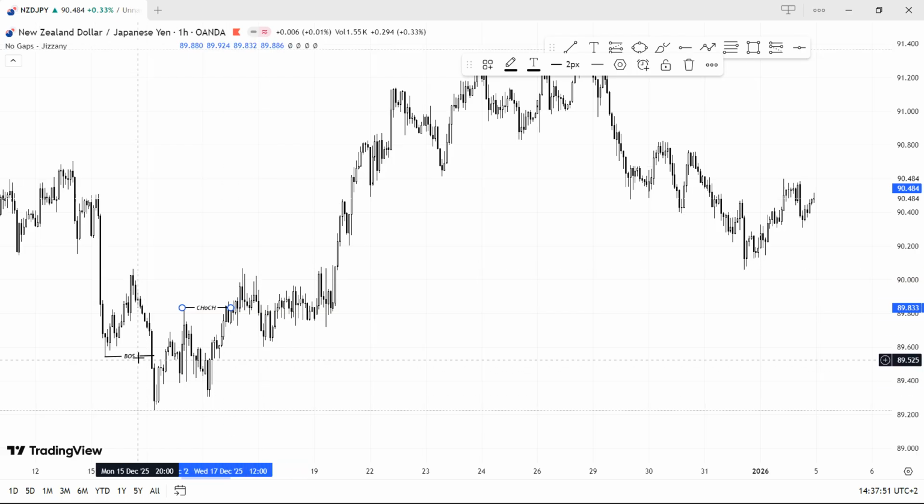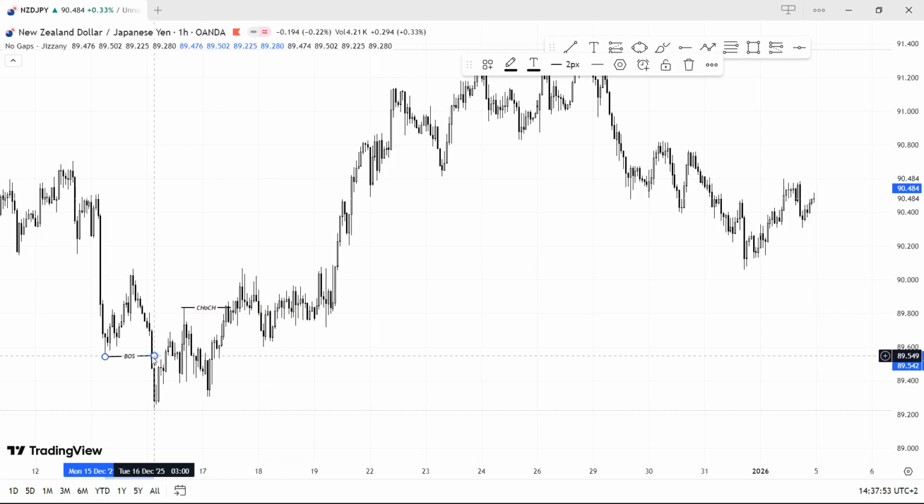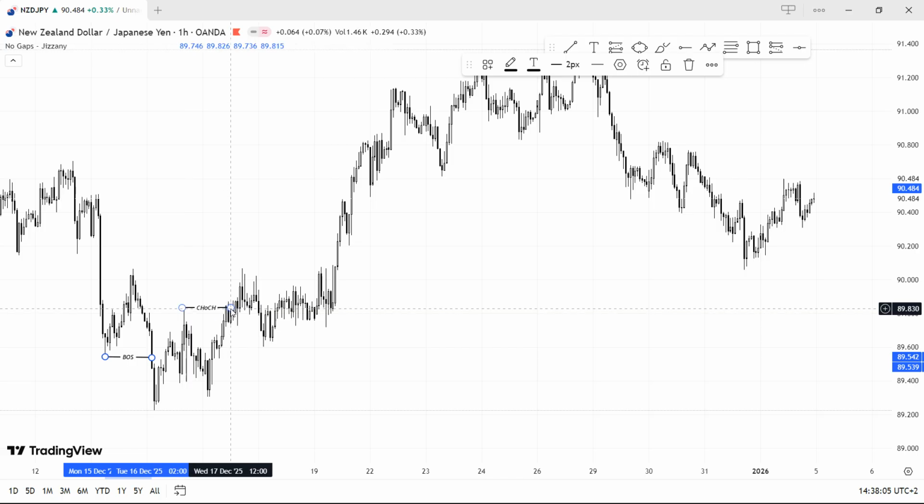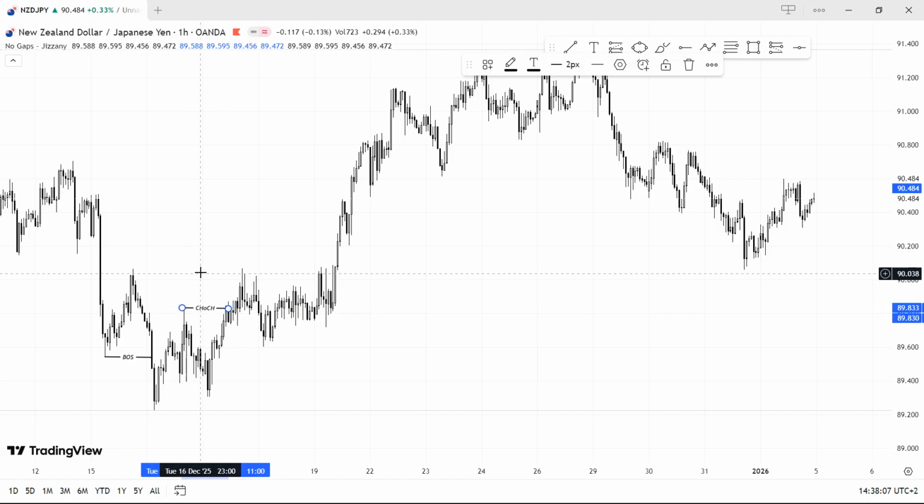But as you can see here, price broke below this previous lower high and made another low, but then it failed to break this lower low. So this previous point here will now be our new high. We broke above this high and now we are bullish.